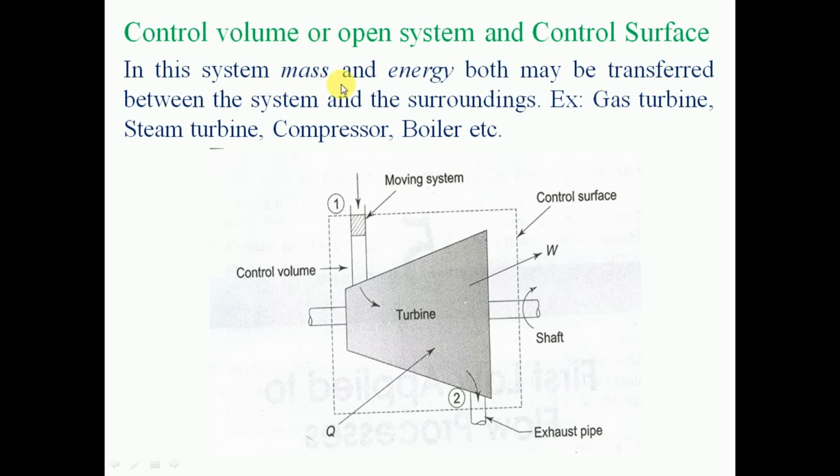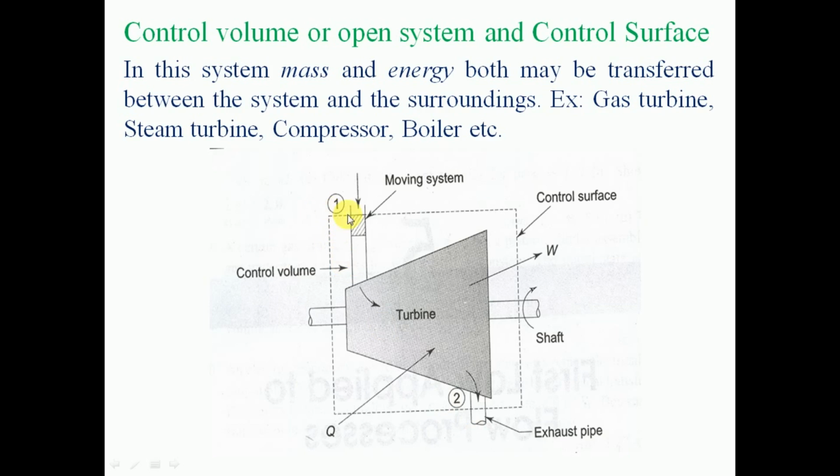In this system, mass and energy both may be transferred between the system and the surroundings. Examples for this: gas turbine, steam turbine, compressor, boiler, etc. Here the example taken is the gas turbine. The gas enters the turbine, and after doing the work and converting the heat energy into mechanical work, it is exhausted.